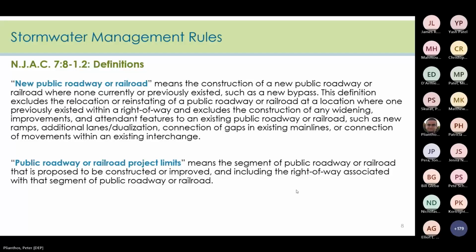The term new public roadway or railroad is used a couple times in the rules to emphasize that a new public roadway or railroad is not eligible for the waiver at N.J.A.C. 7:8-5.2(e). And the term public roadway or railroad project limits is used extensively in the amended N.J.A.C. 7:8-5.3, the Green Infrastructure Standards, which we will get into in a few slides.